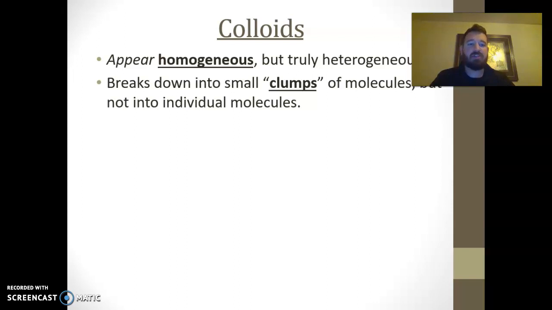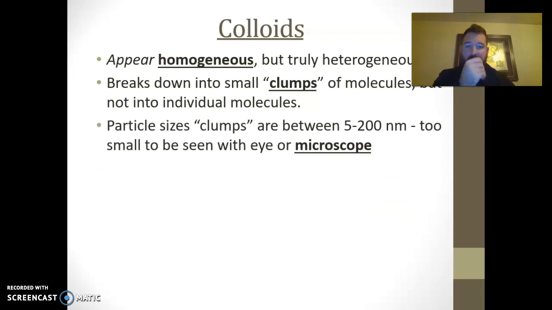Colloids break down into small clumps of molecules, but not into individual molecules like we saw with the sugar water demo that I played in the last video. These particle sizes or clumps are very small, between 5 to 200 nanometers. Still too small to be seen with your eye or even a typical microscope. If we had a super powerful electron microscope, we would be able to see these small clumps.